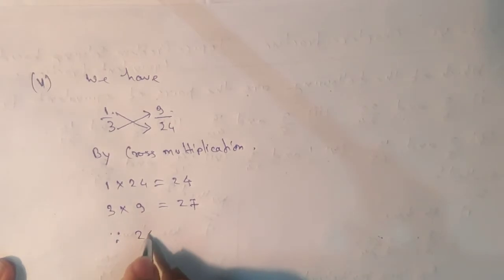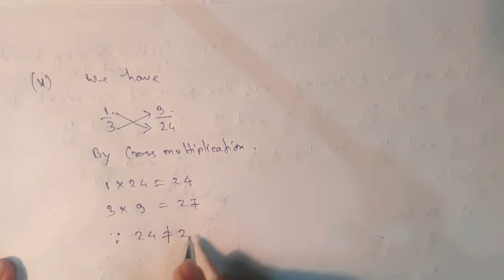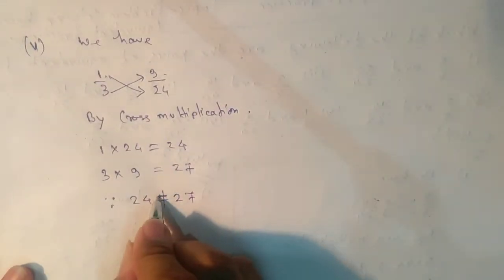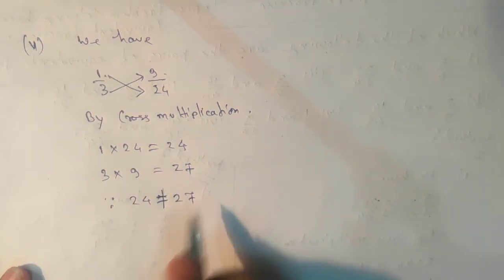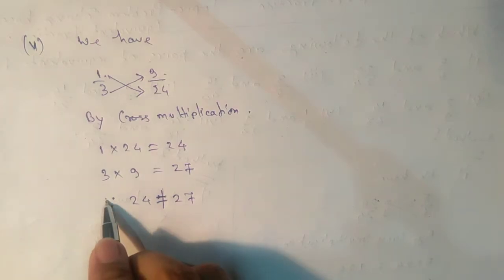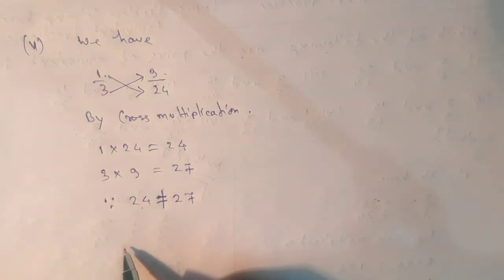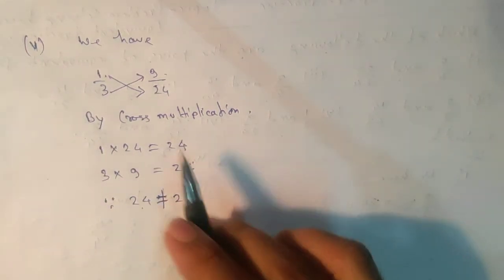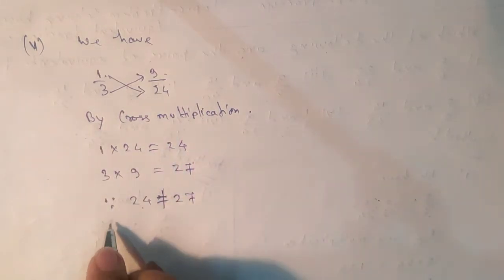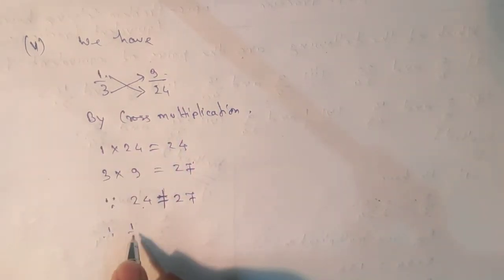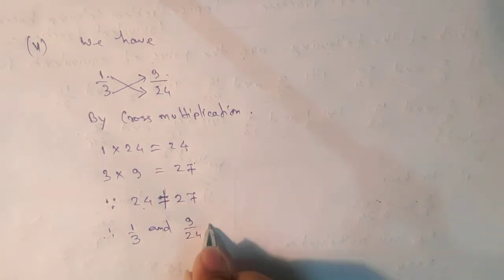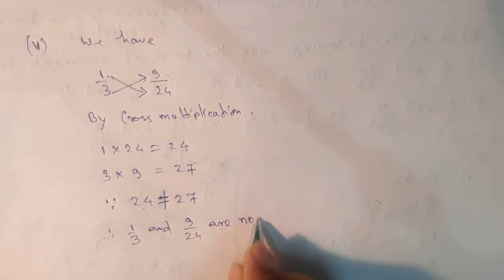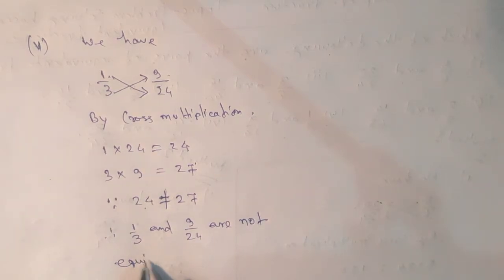Since 24 is not equal to 27, this is the symbol of not equal to: take the equal sign and put one line through it. So you can see that 24 is not equal to 27. That means, therefore, 1 by 3 and 9 by 24 are not equivalent fractions.